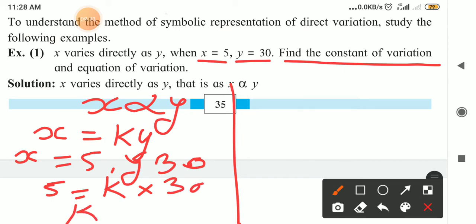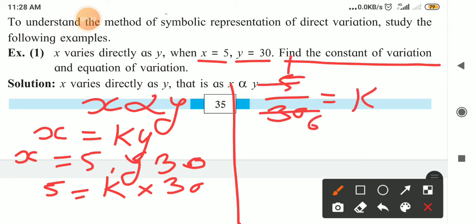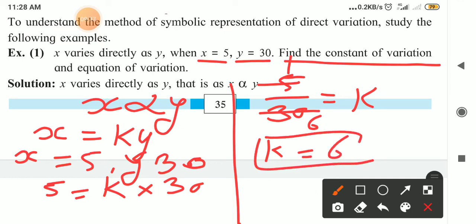So k is equal to 5 upon 30. 5 ones are 5, 5 sixes are 30. So k is equal to 1 upon 6. Now we got the answer for the constant of variation. Understood all of you? For direct variation, just put the sign of direct variation, then x equals k times y, and find the value of k by putting the values given in the question.